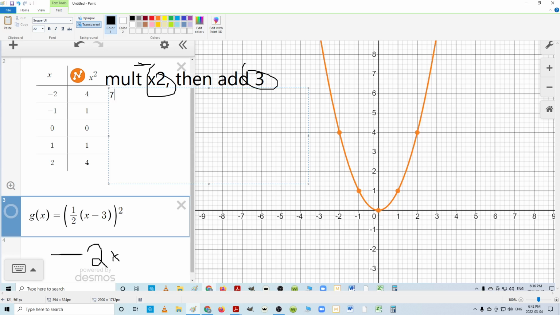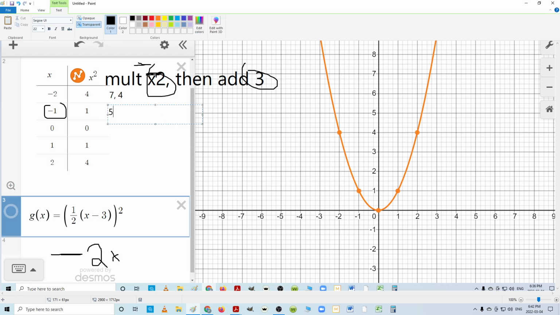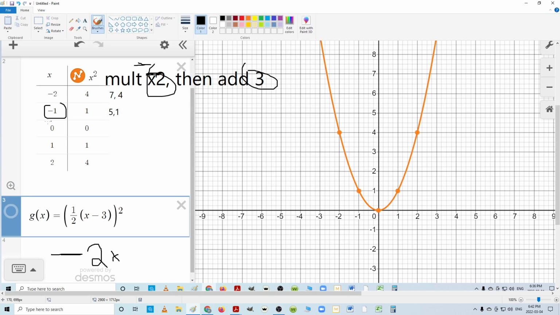7, comma 4. What about minus 1? Over here, when I multiply it by minus 2, it becomes plus 2. Remember, we're multiplying by minus 2 now. It becomes plus 2, and then when I add 3 to it, it becomes 5. Y stays the same. This other one, when I multiply by minus 2, doesn't do anything, but then I add 3 to it.